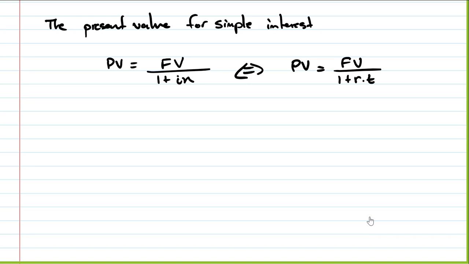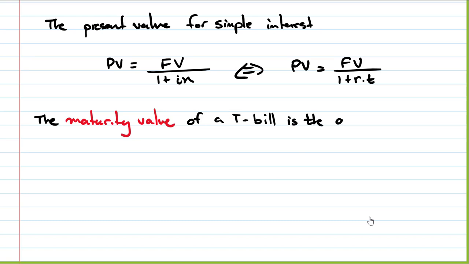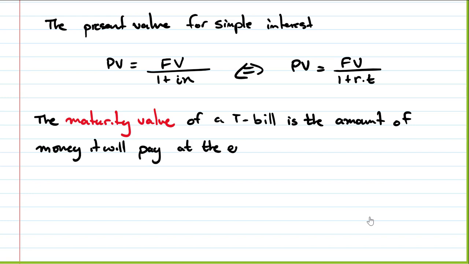And maturity value. So the maturity value of a T-bill is the amount of money it will pay at the end of its life, which is really what they mean by upon maturity.